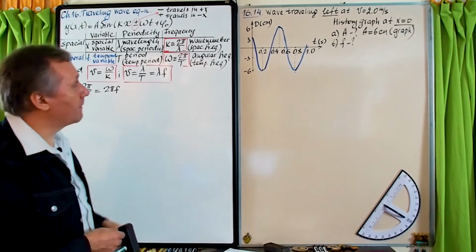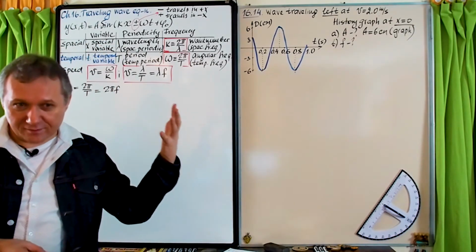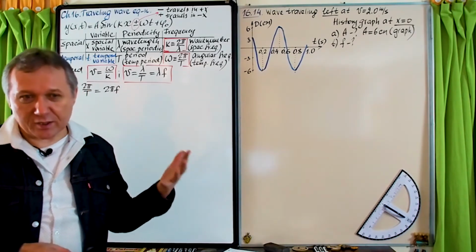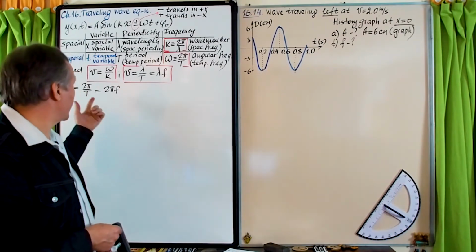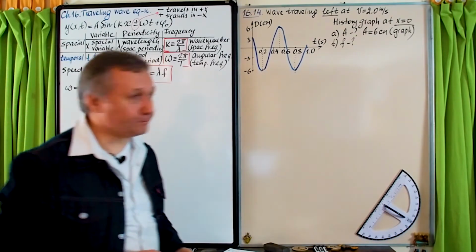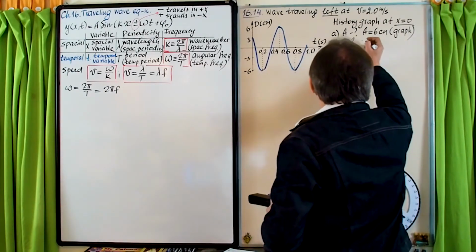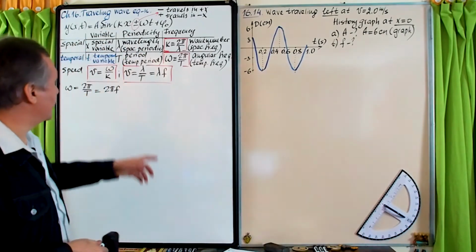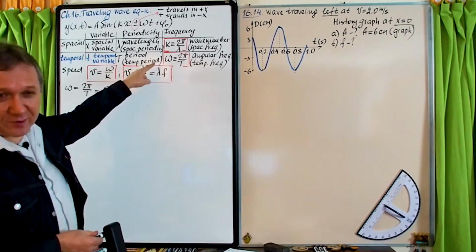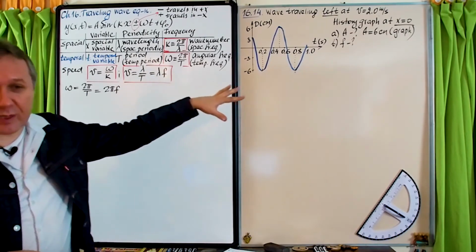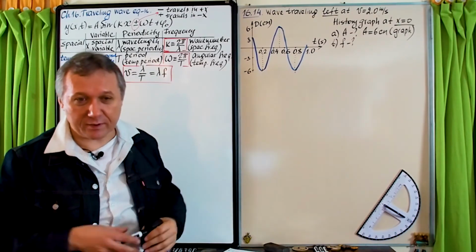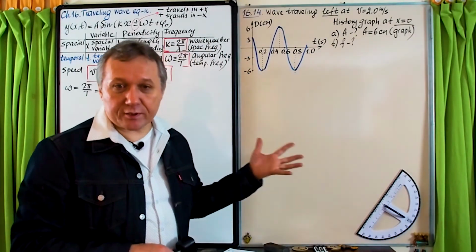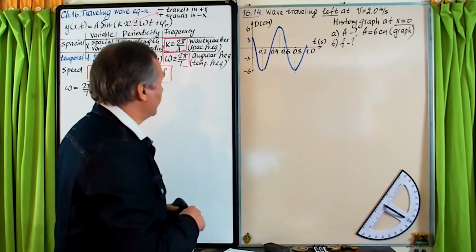Although f is still a temporal quantity; it describes what happens to the wave in time, because f is just 1 over T. T is the period, the temporal periodicity, which we should be able to find from the history graph immediately.